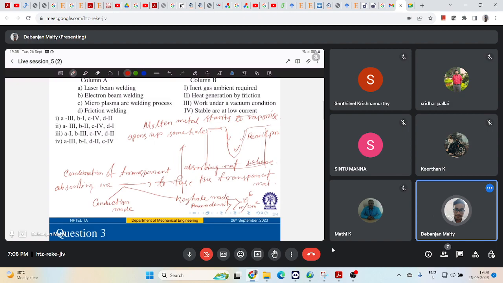And there are these different pulse shaping in laser micro welding also.